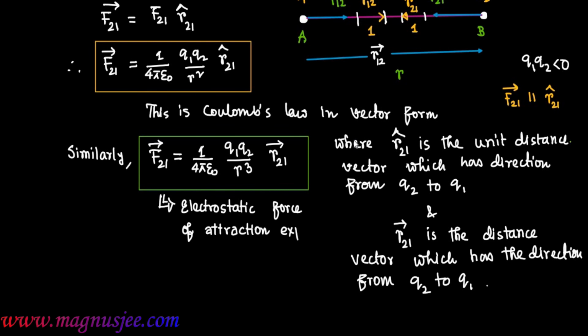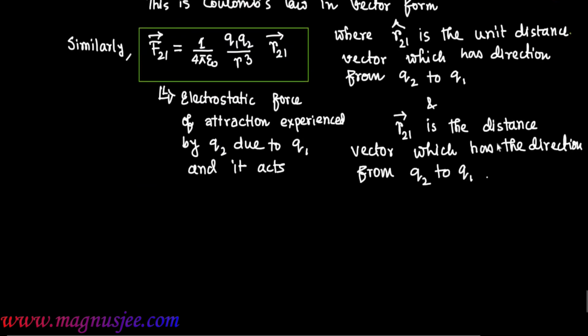The electrostatic force vector of attraction is experienced by the point charge q2 due to the other charge q1, and it acts from the point B towards the charge q1. We can draw the diagram again.